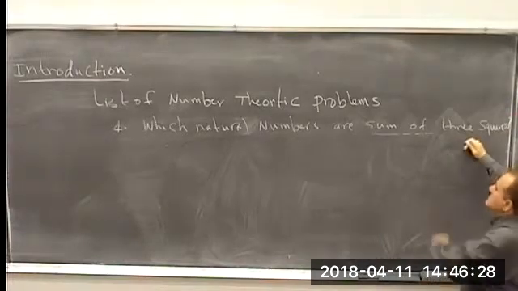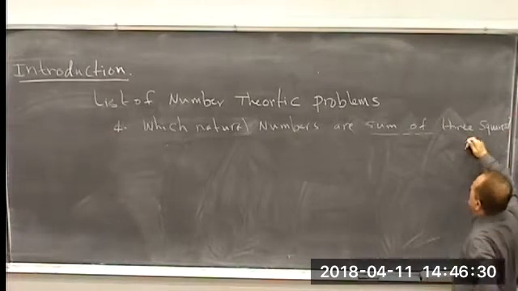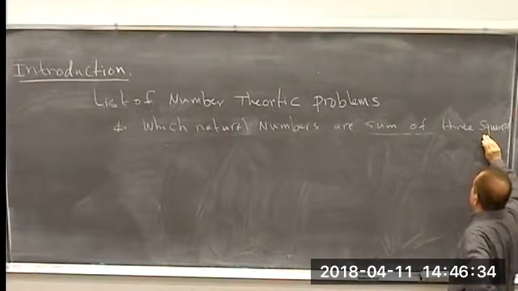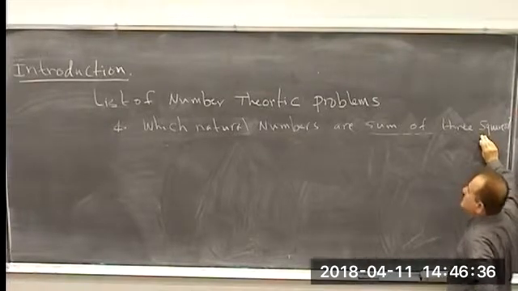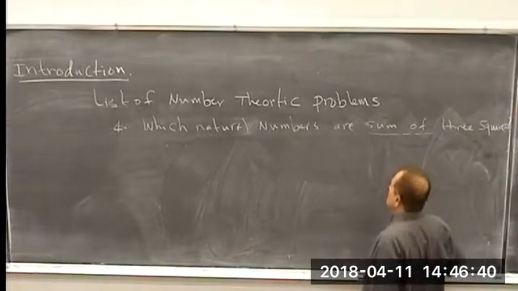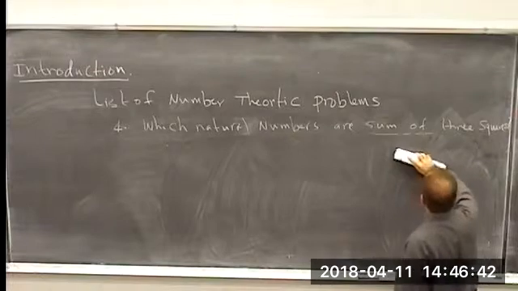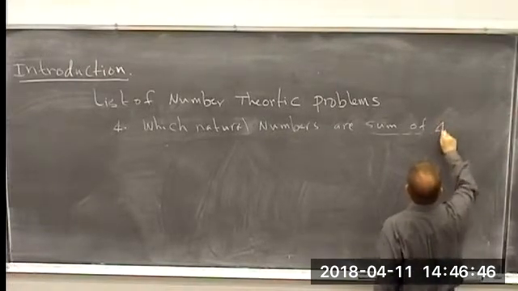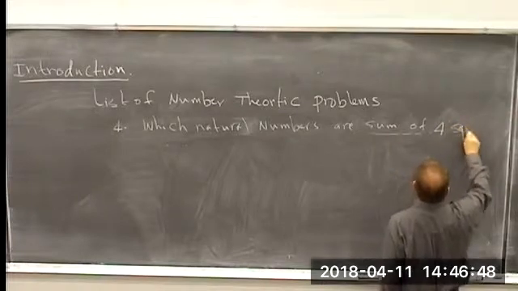At least this is the problem that was worked on by Gauss. And again, there are some numbers that can be written as a sum of 3 squares, and some they cannot be. Another question is, which natural numbers can be written as a sum of 4 squares? 4 squares.